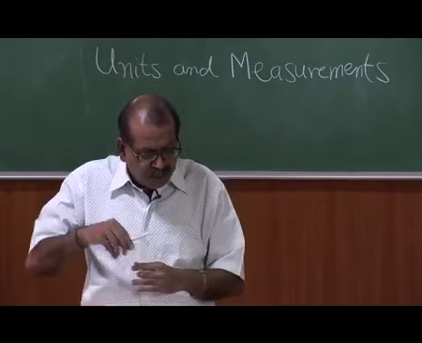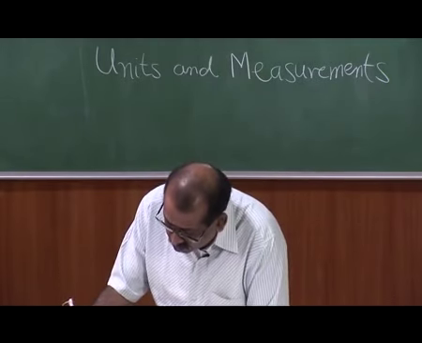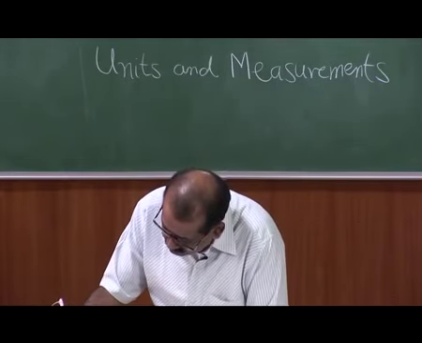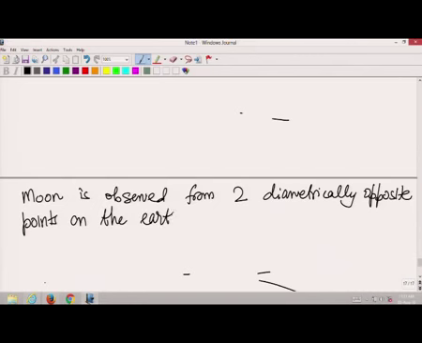Now, the problem here says: moon is observed from 2 diametrically opposite points on the earth.